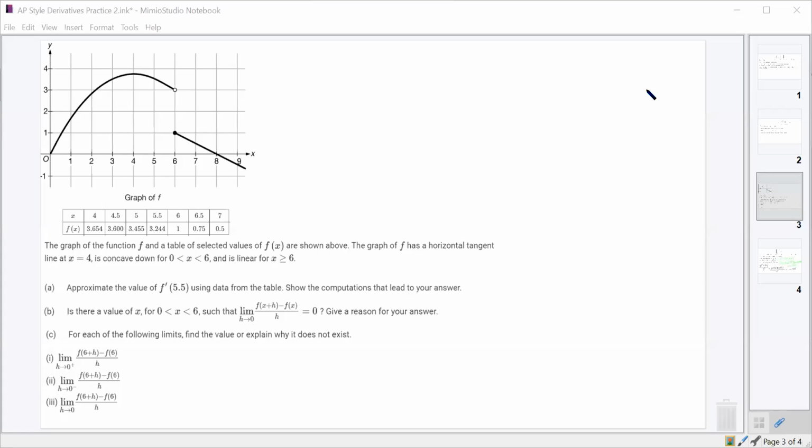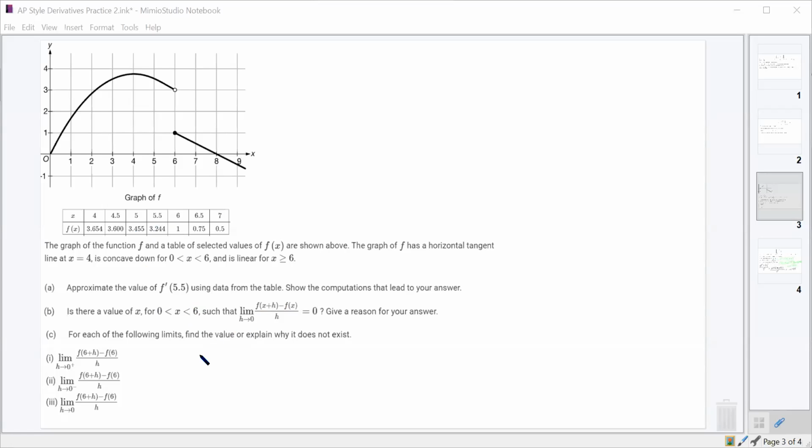So first off, for part A, we want to approximate f prime of 5.5 using the data in the table. So we can use any piece of this that we want to that surrounds 5.5, but what can we not use?